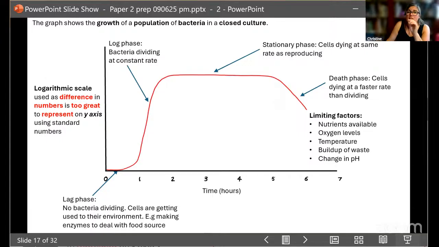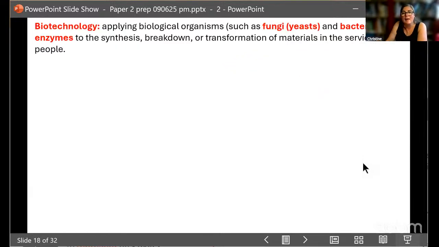But where I feel they did a lot on limiting factors in paper 1, that doesn't mean they're not going to bring limiting factors back in. Limiting factors such as nutrients available, oxygen, temperature, buildup of waste, change in pH, are important when you're looking at fermenters. So obviously with biotechnology, we're going to be using organisms, fungi, yeast, and bacteria, or we might just be looking at enzymes.